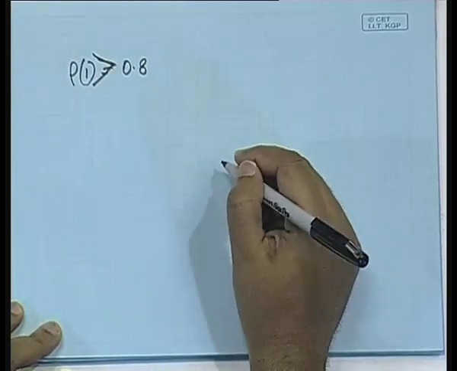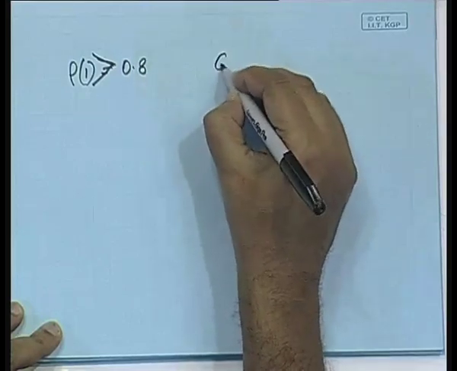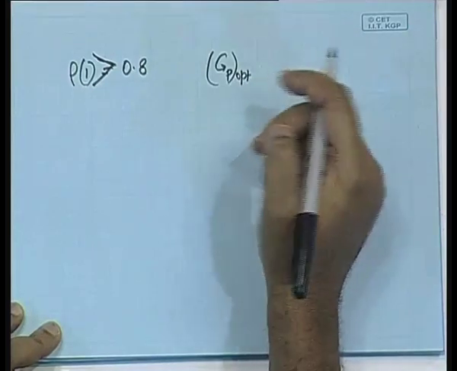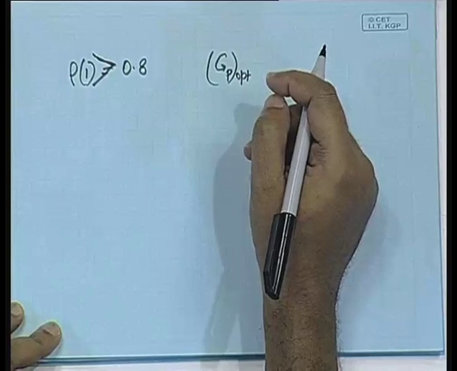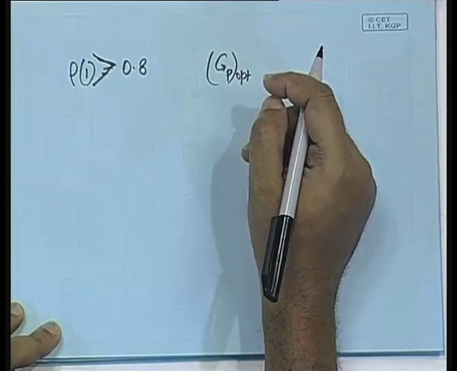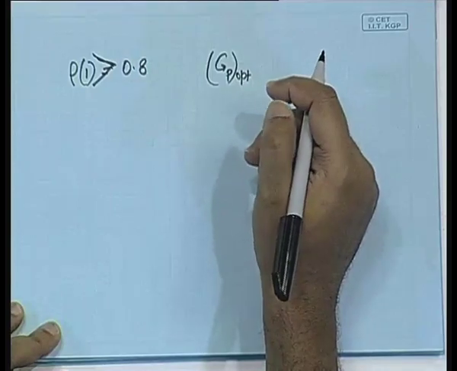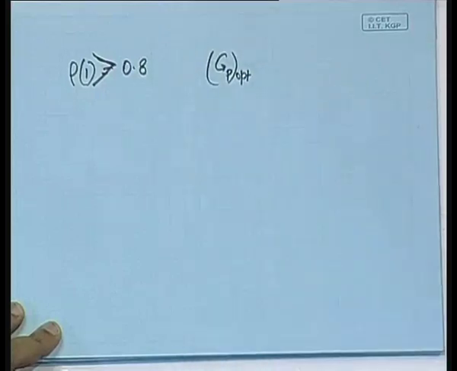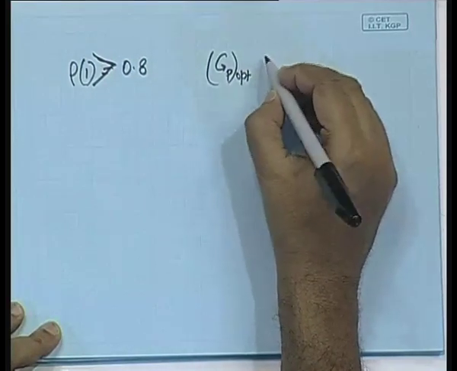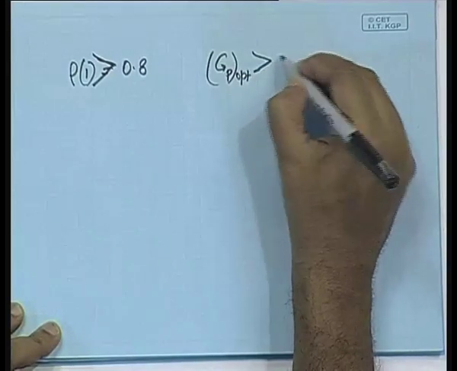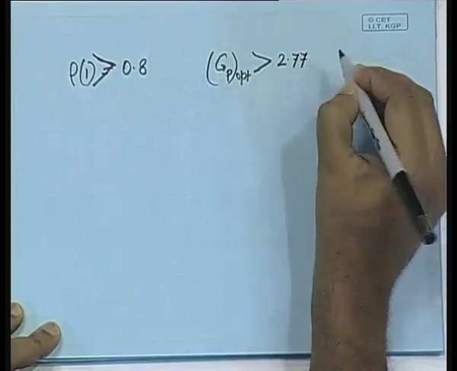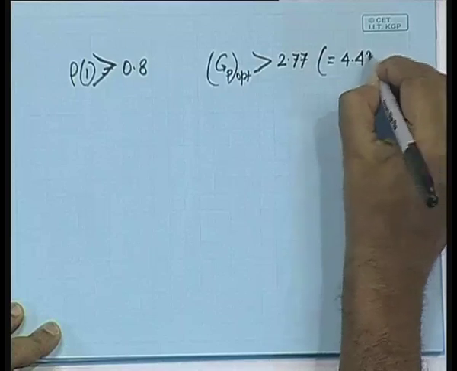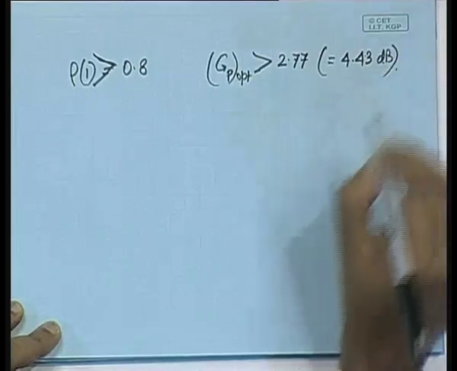If we take a value of 0.8, then GP optimal is 1 upon 1 minus 0.64, so 1 by 0.36. Correspondingly, GP should have a value greater than 2.77, and 2.77 corresponds, in dB scale, to 4.43 dB.